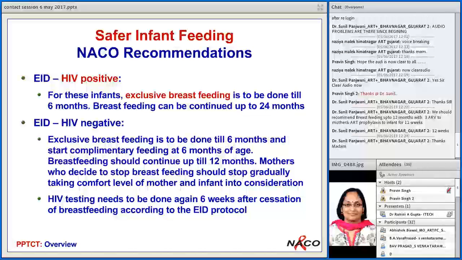These are the guidelines which NACO has set. But if you look at the WHO 2016 guidelines, WHO 2016 says that with adherent ART, the babies can continue breastfeeding as babies born to HIV non-infected mothers.